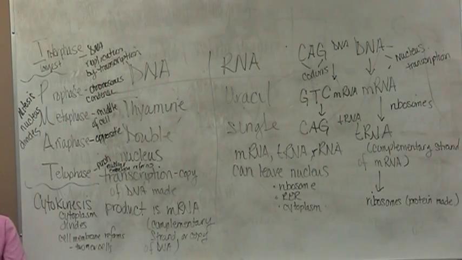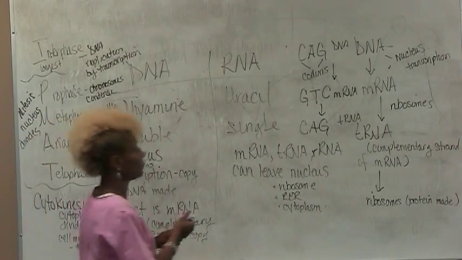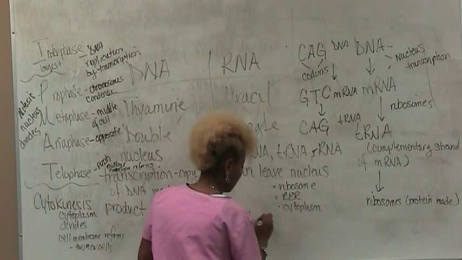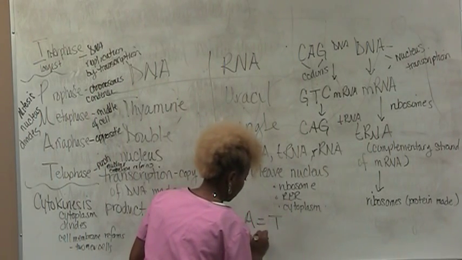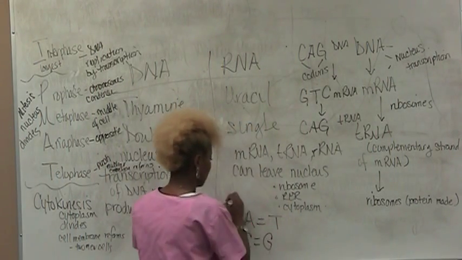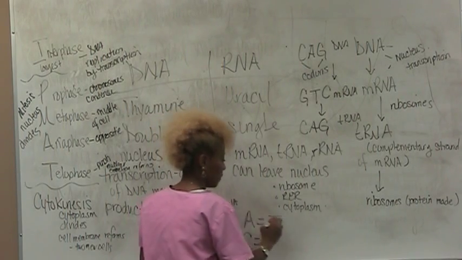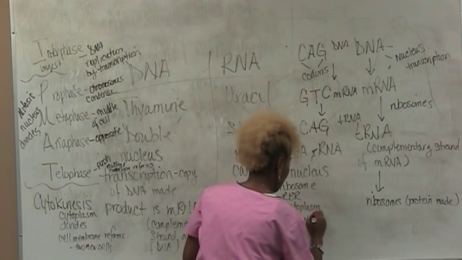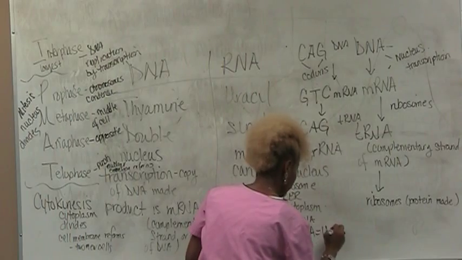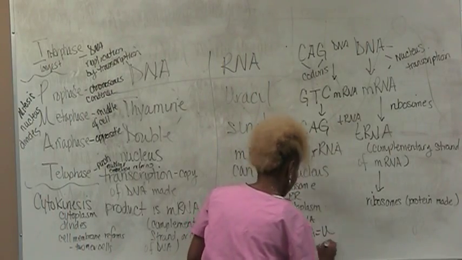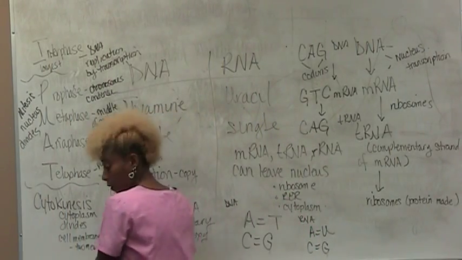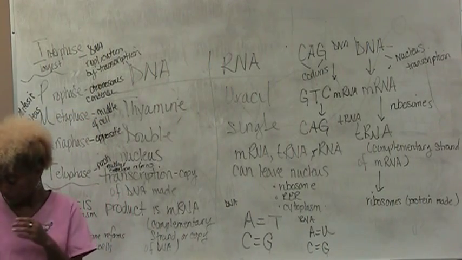Cytosine. Cytosine. Because remember, M is adenine. This is in DNA, in RNA. And O is cytosine.